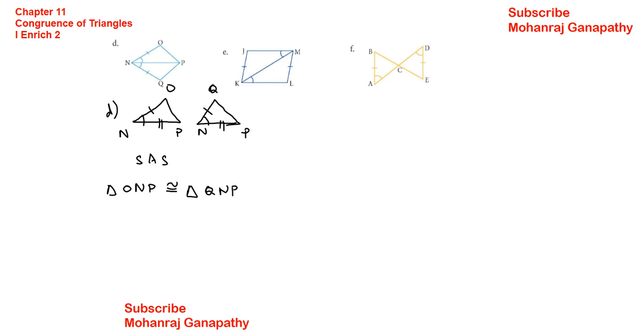Okay. E. Parallelogram, splitting the parallelogram into two triangles: J, K, M and L, K, M. LM is equal to JK. Angle M is equal to angle K. MK is a common side.